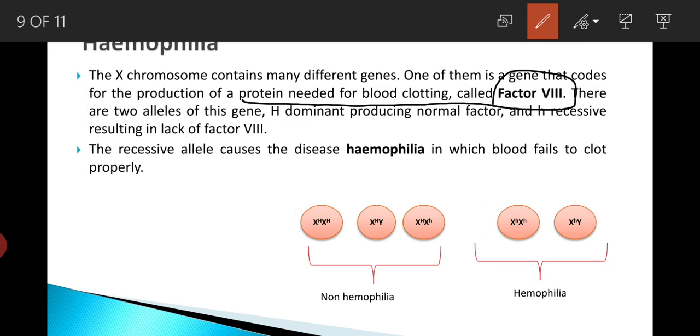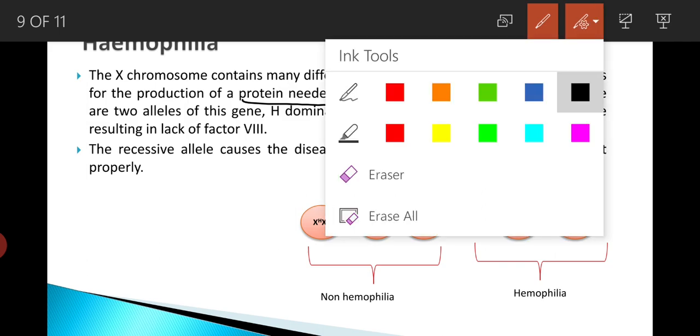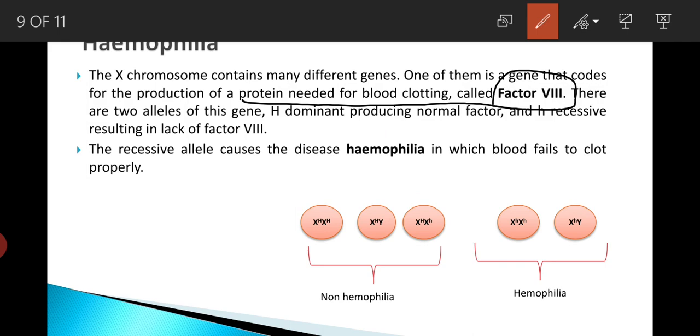There are two alleles of the gene for hemophilia. One is the large H, which is dominant, producing the normal factor, and the small h, which is recessive, resulting in the absence or lack of factor VIII. The recessive allele causes the disease hemophilia, in which blood fails to clot in an appropriate way.